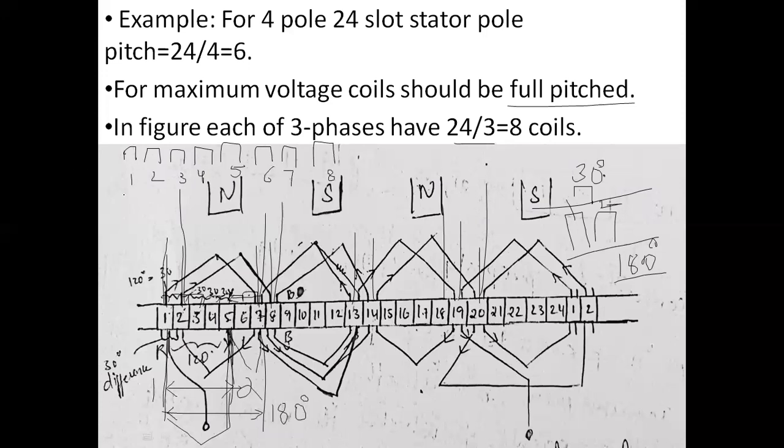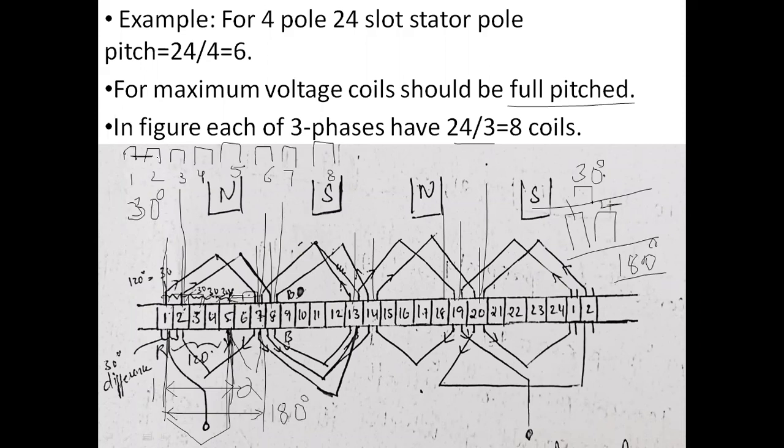Okay, so the difference between each slot, what I am saying, the difference is 30 degrees. Okay, so what does full pitch mean? If the difference between two slots is 180 degrees, then it is termed as full pitch. Okay, so the difference is 30 here.